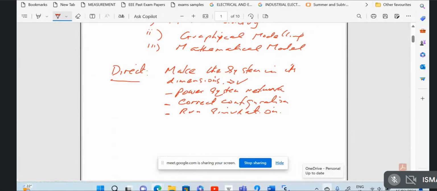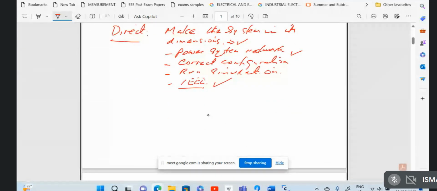That is also modeling, like you run a certain standard network system developed by maybe the IEEE, and you use it now as a model to do your simulation. That is the analog type.